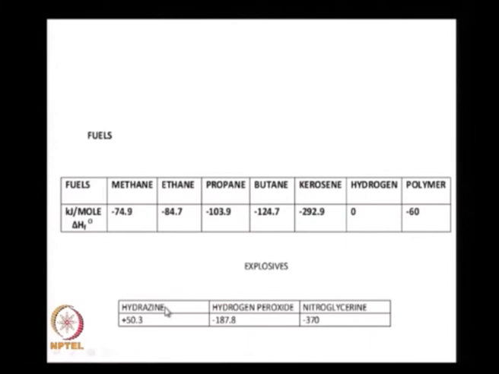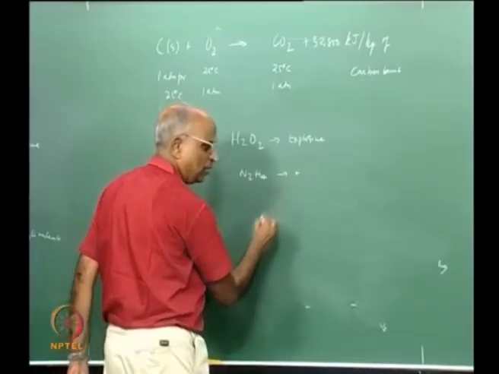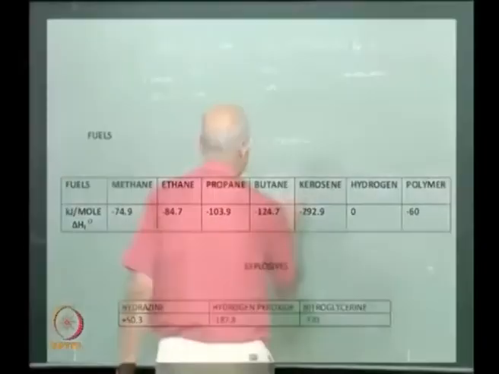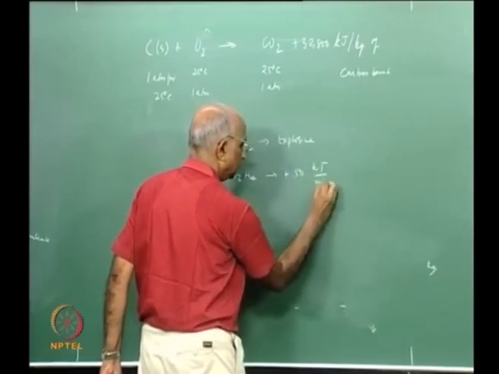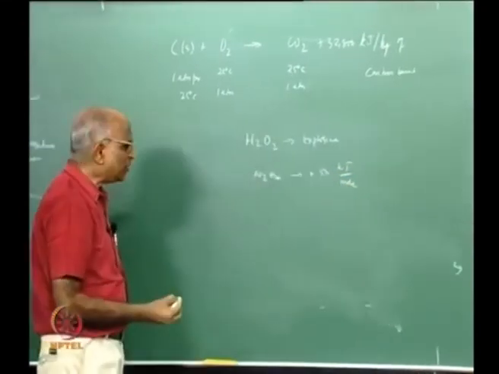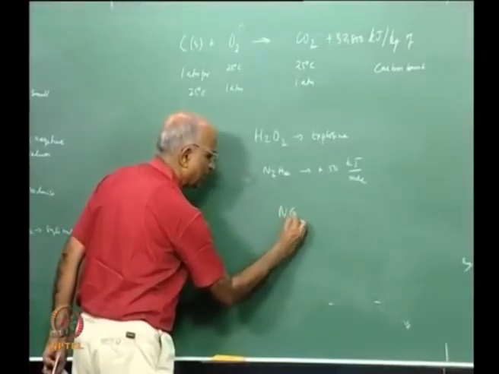What is hydrazine? Hydrazine is what I wrote here, N2H4. It has a small positive value of heat of formation, something like plus 50. And if I were to consider some other explosive, like let us say nitroglycerine.